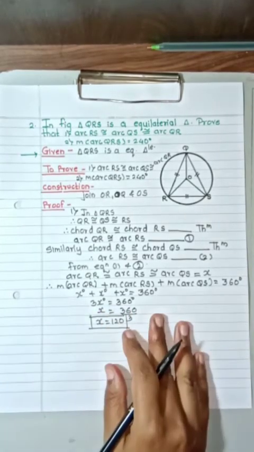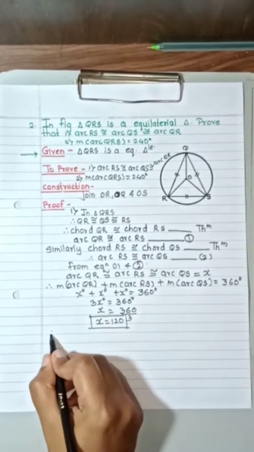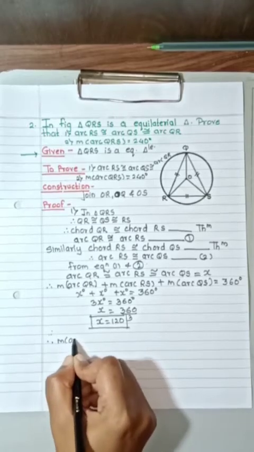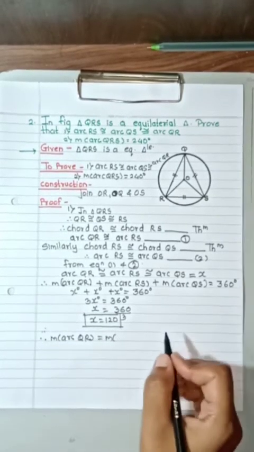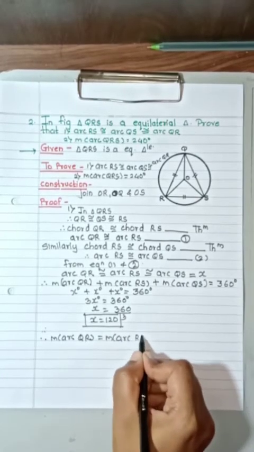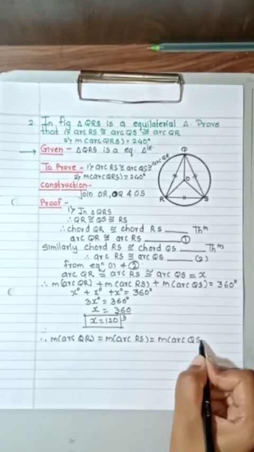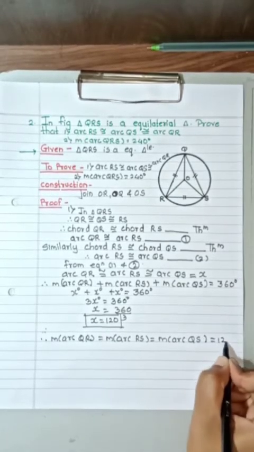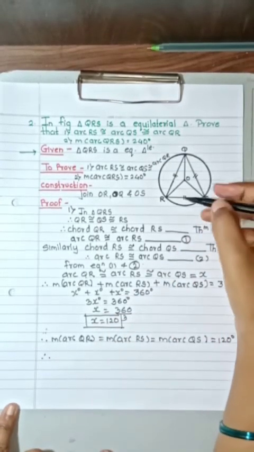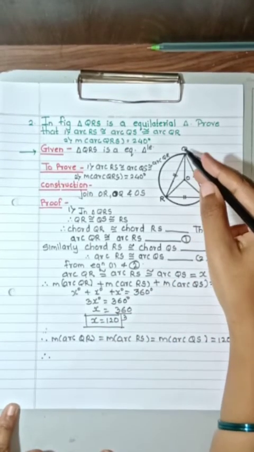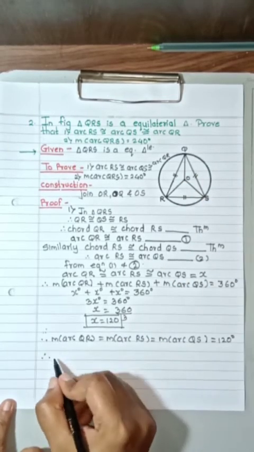Now children, as you got the value of x, you can write down here, therefore measurement of arc QR is equal to measurement of arc RS is equal to measurement of arc QS is equal to 120 degrees. Therefore, in order to find the measurement of arc QRS, see this arc.